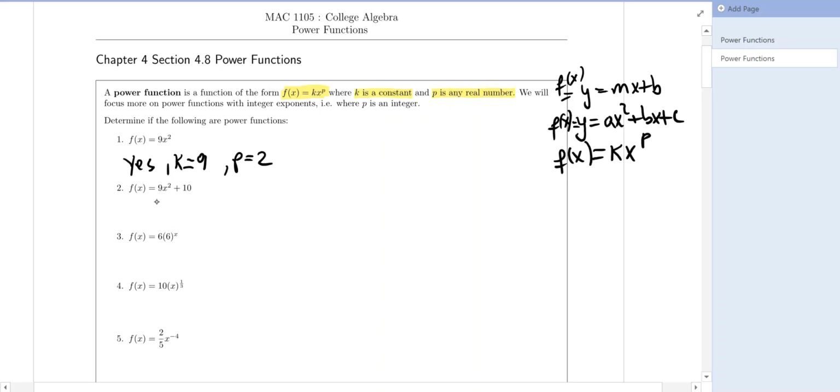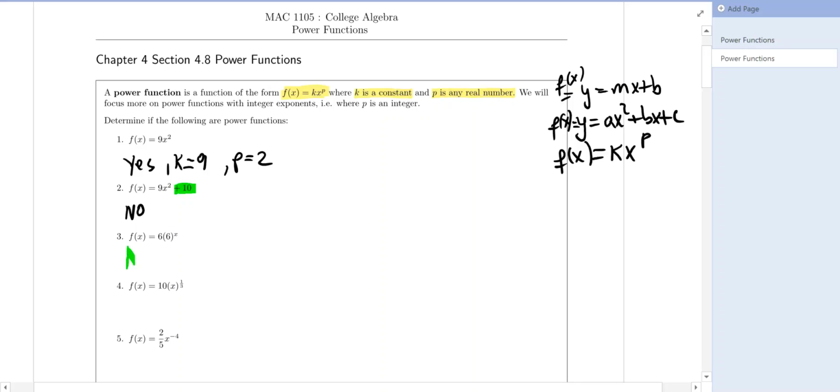What about the second one, 9x squared plus 10? This is not a power function because of this plus 10. So a power function is only one term, k times x to the p. The third one, f of x equals 6 times 6 to the x.